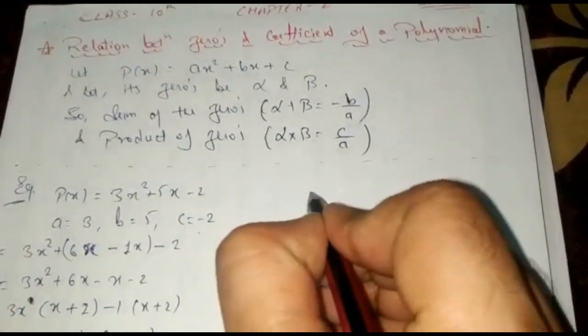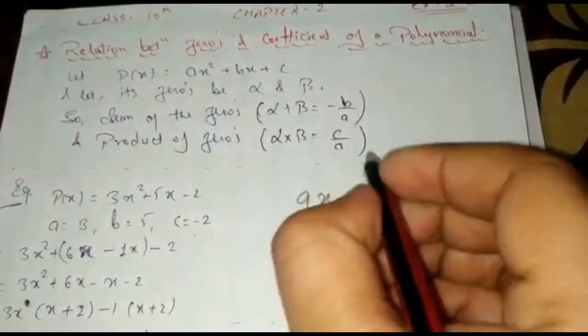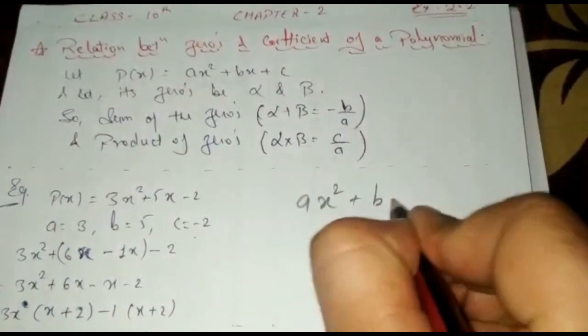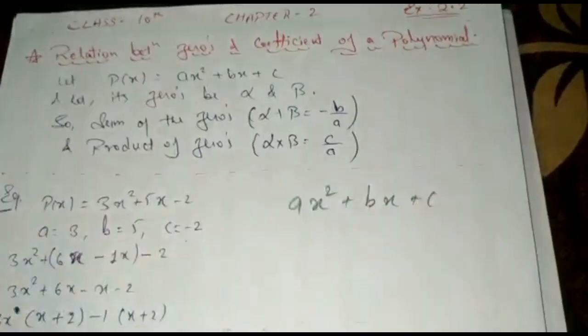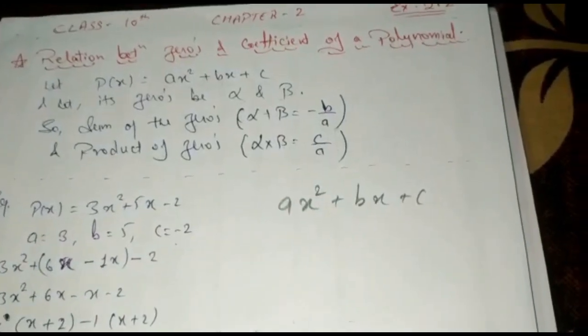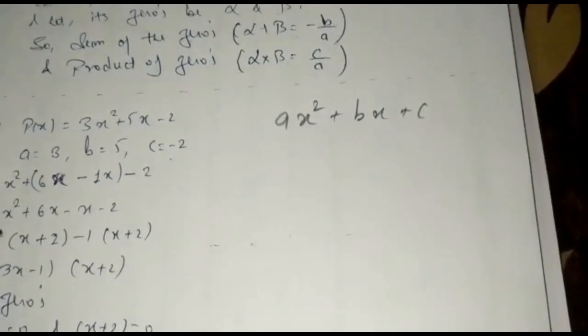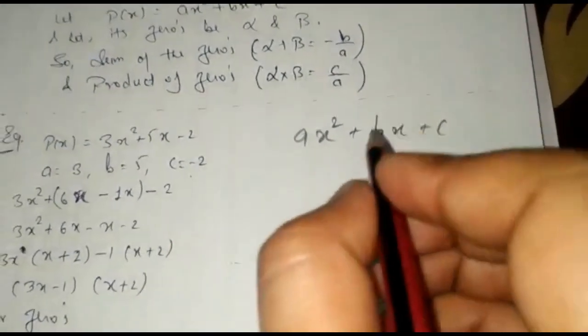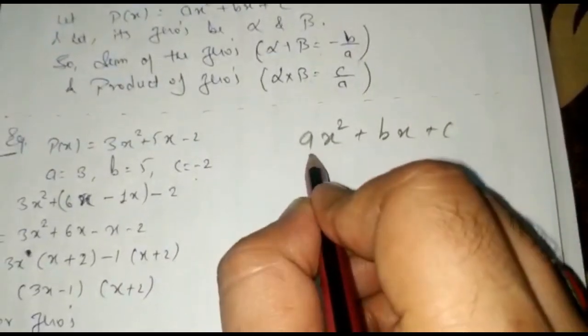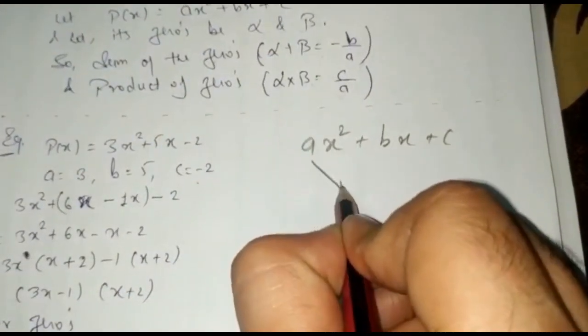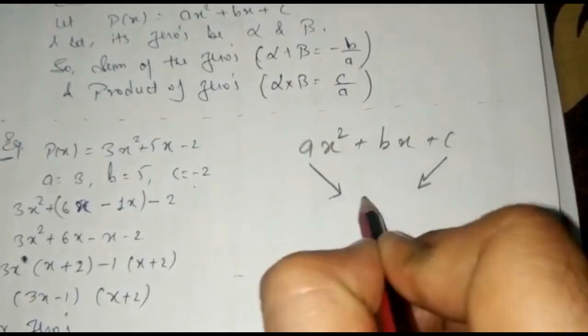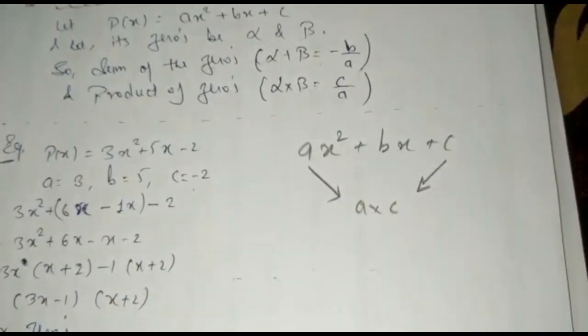If a quadratic equation or a polynomial ax square plus bx plus c is given, we have to find its zeros, or we can say the values of x. So here we have to multiply the coefficient of x square and the constant term, that will be a into c.